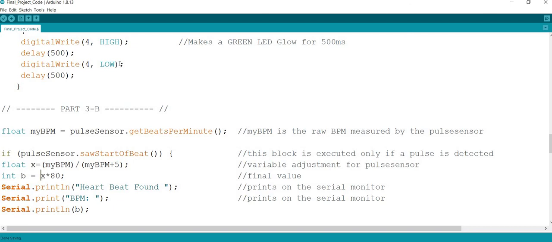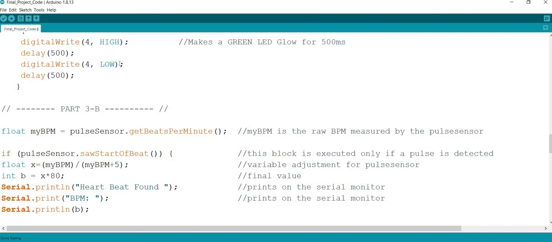So since x is changing, it will generate values which are closer to 80, and we only did this for the sake of demonstration, because we explored various ways to solve this issue, but we weren't able to. So after multiplying it with x, it will generate the BPM, which is close to 80, but also tells us whether it is high or low.